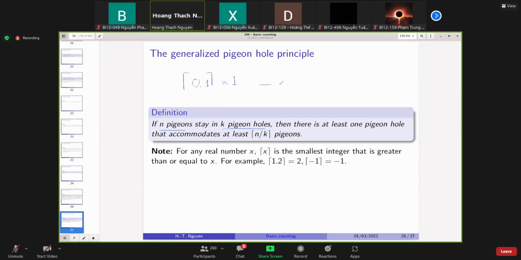If you draw the number line, here are the integers, and you have the number x here. Then the ceiling of x is the closest integer to the right of x. And similarly the floor of x will be the closest integer to the left of x.